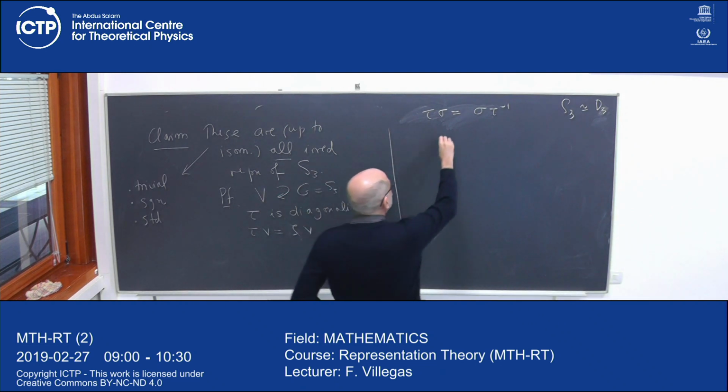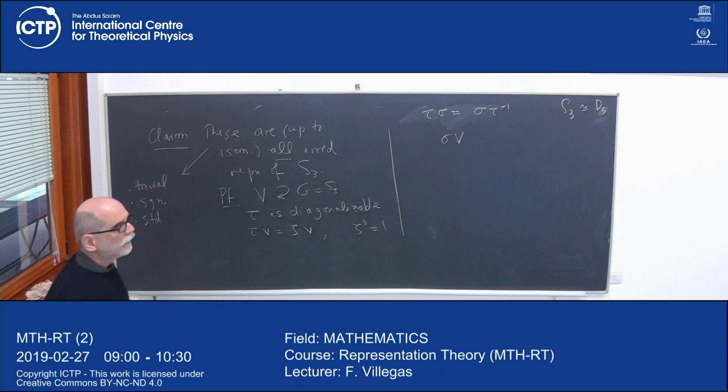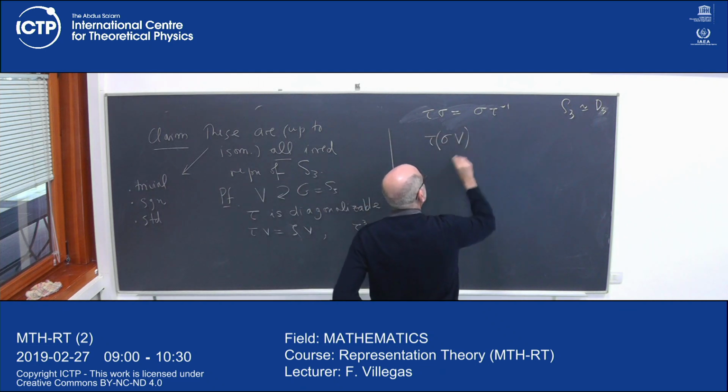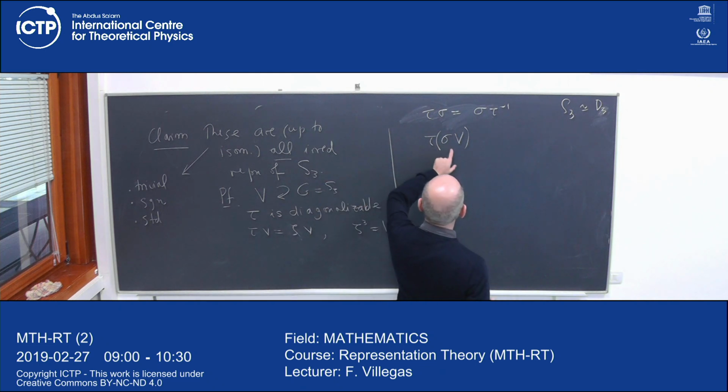So if I take the vector that is an eigenvector for tau and apply sigma to it, what happens? Well, let's see what tau does to the result.